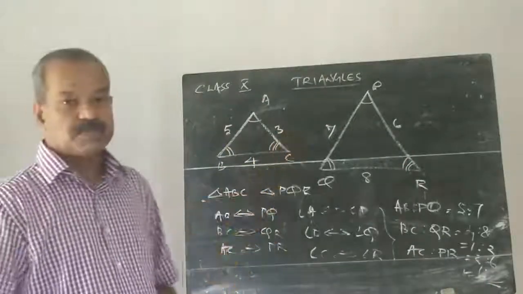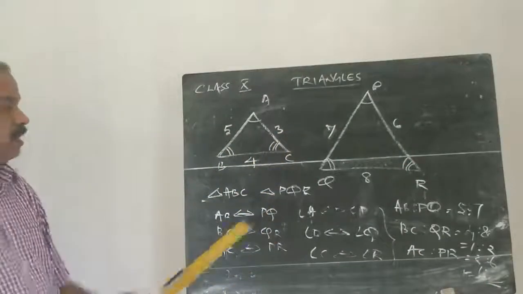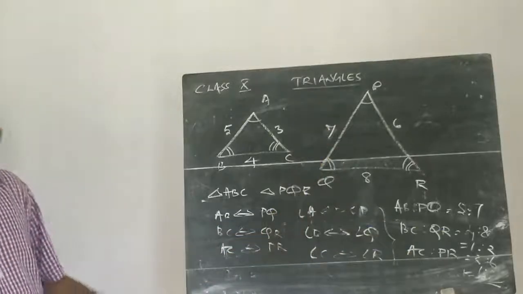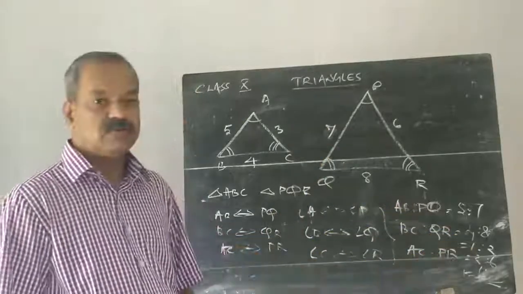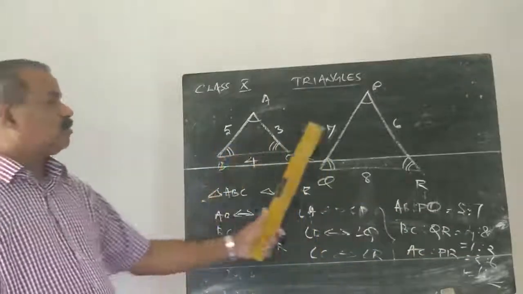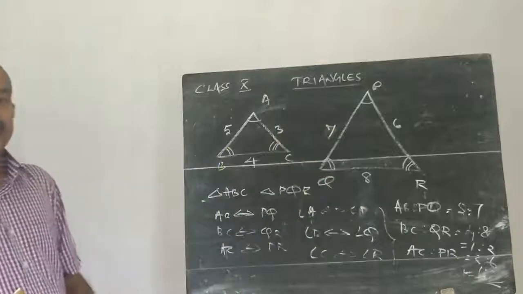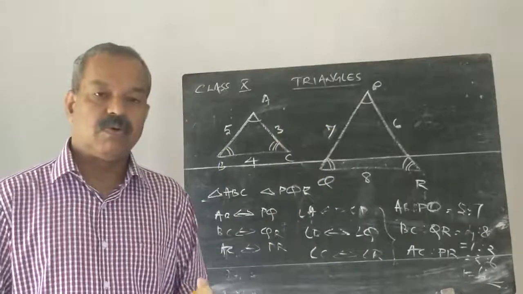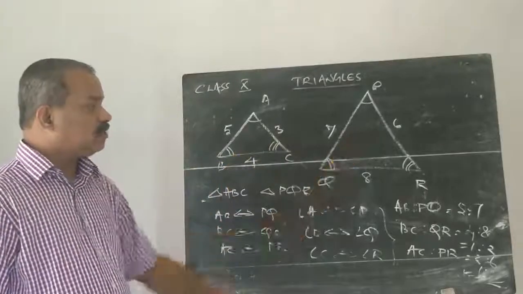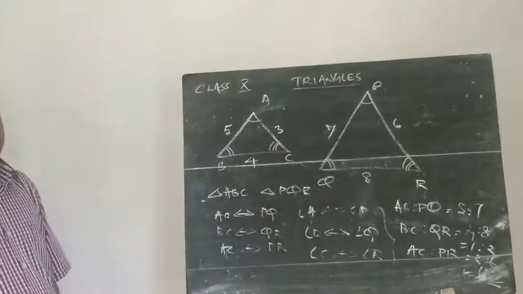Two pairs of corresponding sides are in the ratio 1 is to 2, but the third pair is not in the ratio 1 is to 2. It is 5 is to 7. That means all the corresponding sides are not in the same ratio. Therefore, triangle ABC is not similar to triangle PQR.